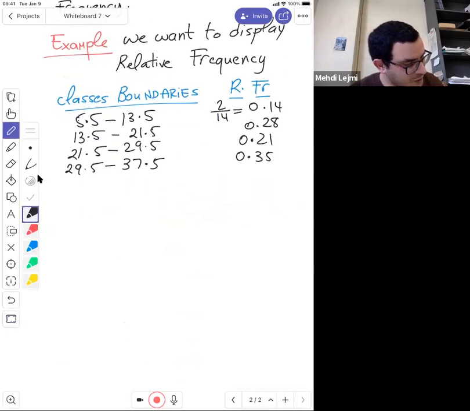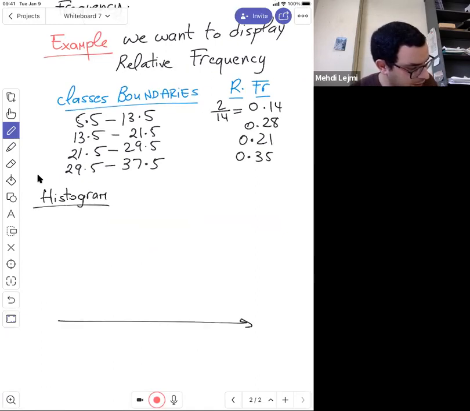So then your histogram would be like this. Again, same thing: classes boundaries on the horizontal axis. So this is 5.5, 13.5, 21.5, 29.5, and then 37.5.